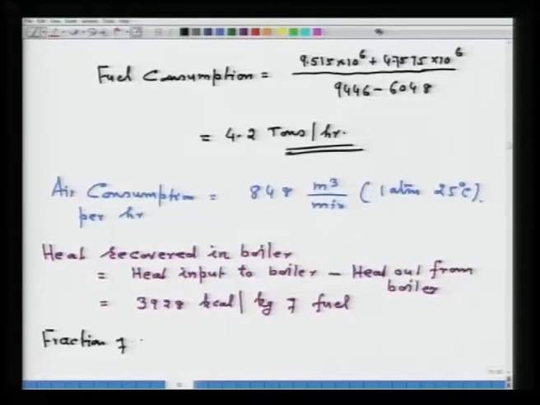So, to know what fraction you are able to recover is the important thing. The fraction of calorific value of coal that is recovered is equal to 0.42. Simply divide 3928 by the calorific value of the fuel and you get this value. So, this is how, in short, problem number 2 is solved.